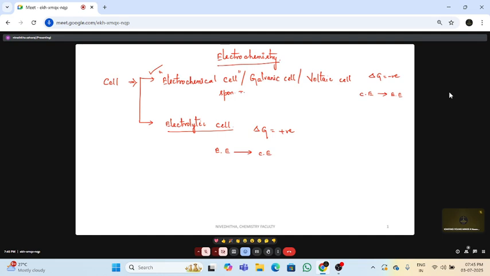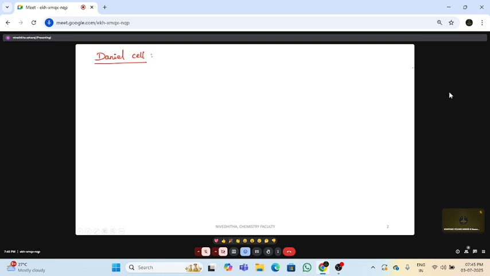Now we're going to understand how the spontaneous reaction is giving us the current. The Daniel cell is one example of a galvanic cell, and we're going to see how it works. Before getting into the complete working principle, first we're going to construct the cell.